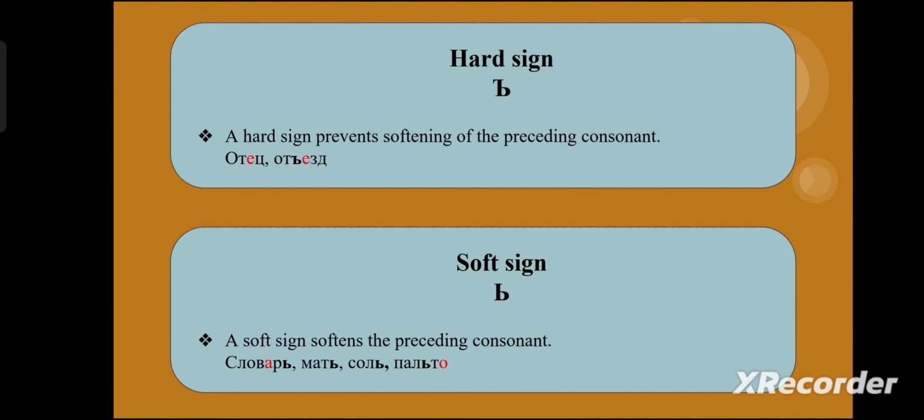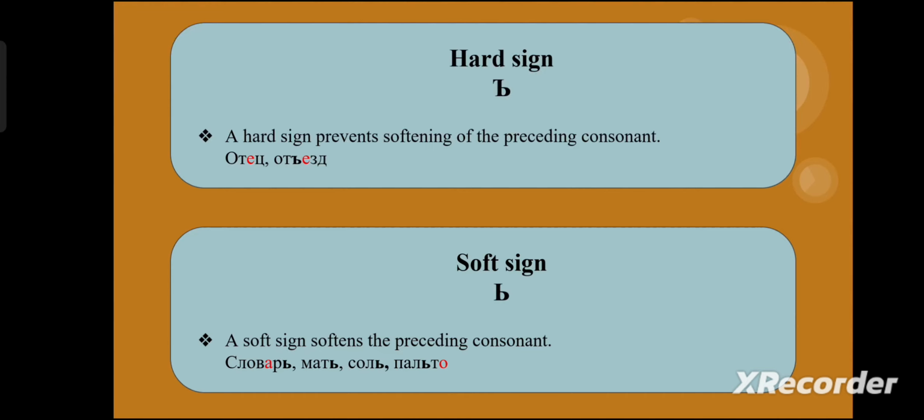Now, soft sign. A soft sign softens the preceding consonant. Here we have some examples. Slavar, mat, soul, palto. Here we read slavar and don't read slavar.